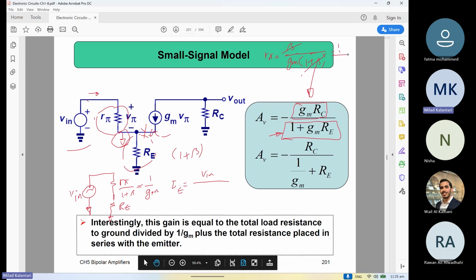So this resistor R pi from the emitter side is almost 1 over GM, right? And then IE is what then? In this case it is V in divided by R in plus 1 over GM, right? The series of the resistors. Is that clear?